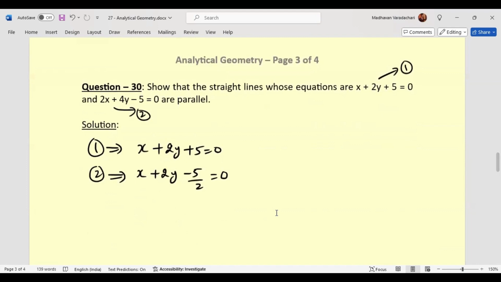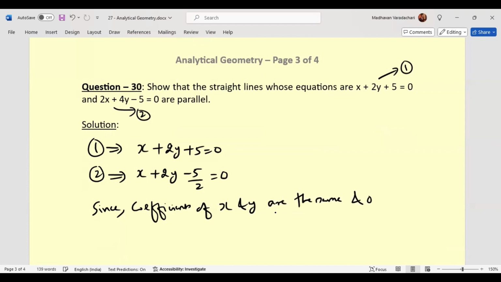Now we can say since coefficients of x and y are the same and only constants differ.